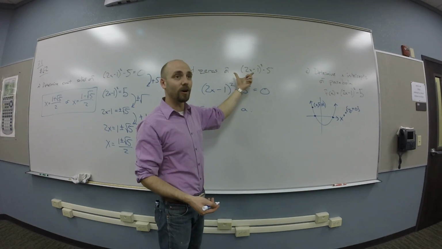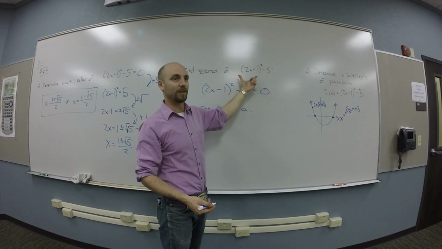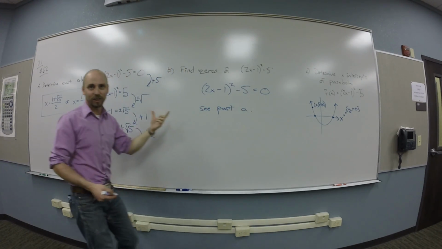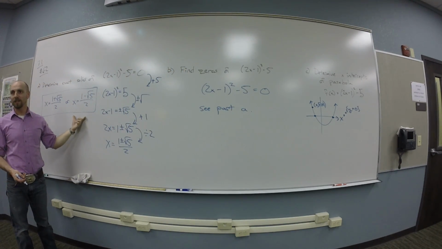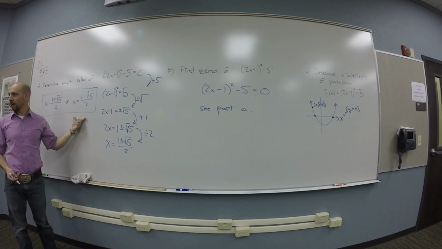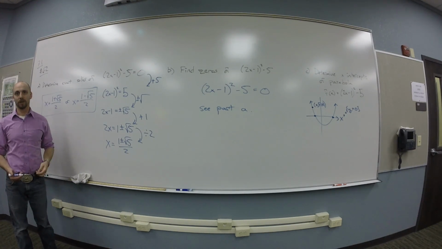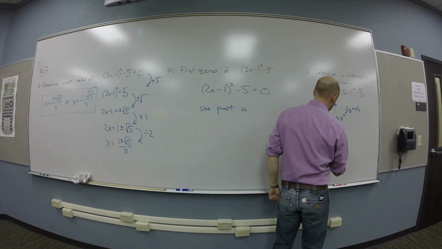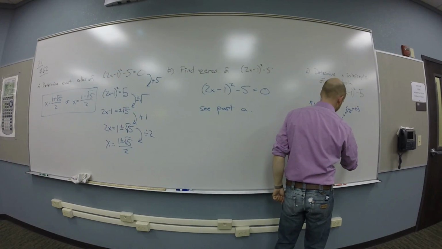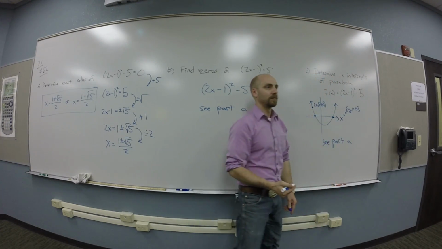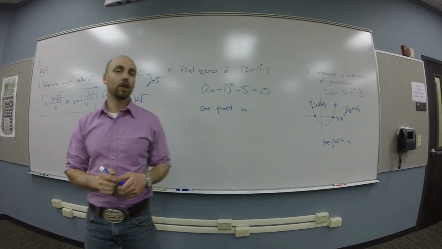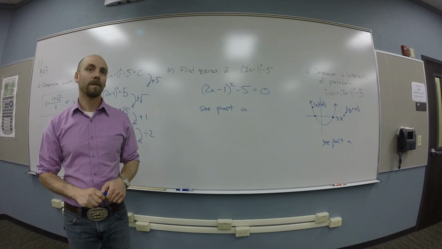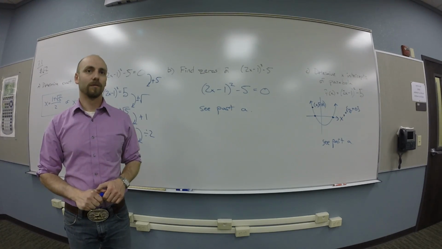That's finding the zeros of the function rule, which is the exact same thing as solving the function rule set equal to 0. So for this one, we really could just write same as A. Cool. So they're all the same.